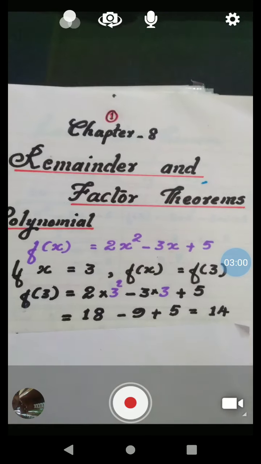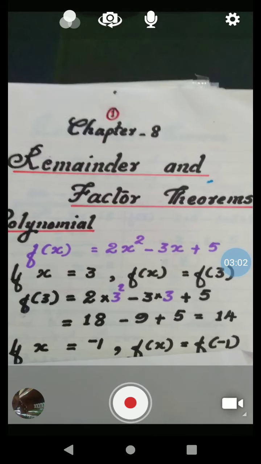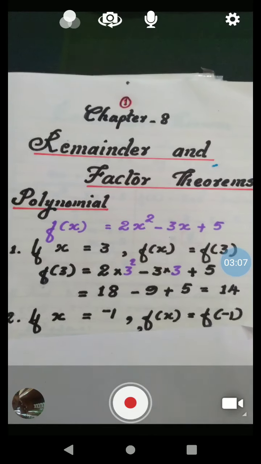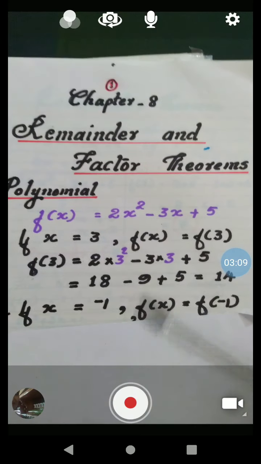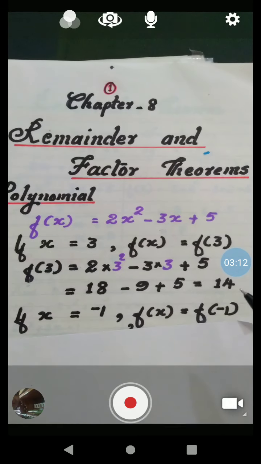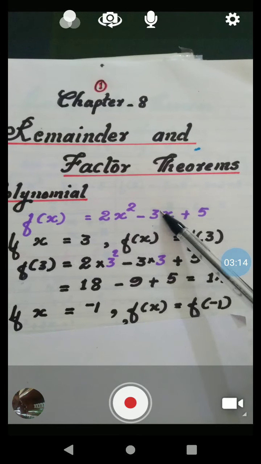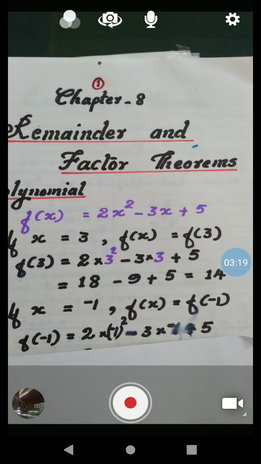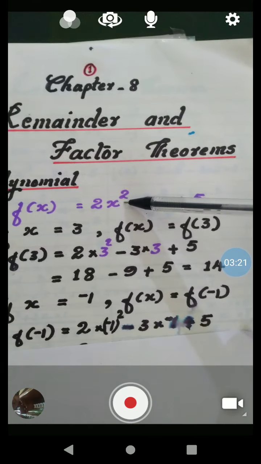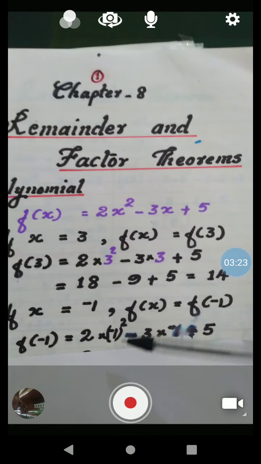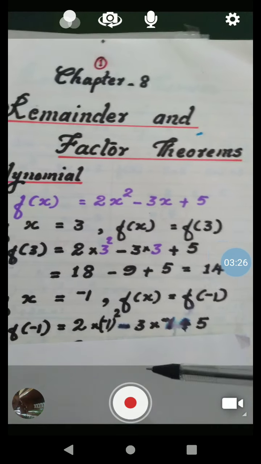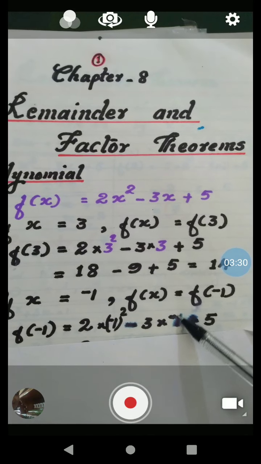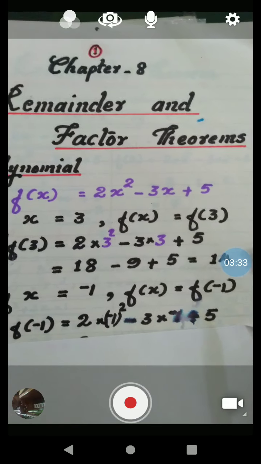Suppose x is negative 1. Then we can find f of negative 1. Substitute the value of x here: 2 into minus 1 the whole square, minus 3 into minus 1, plus 5.